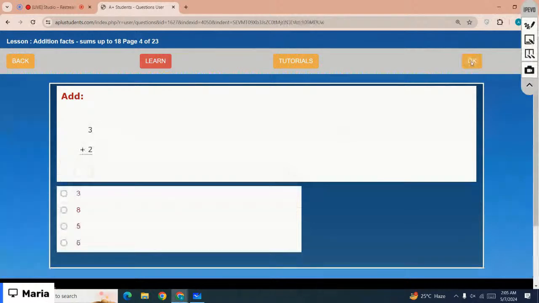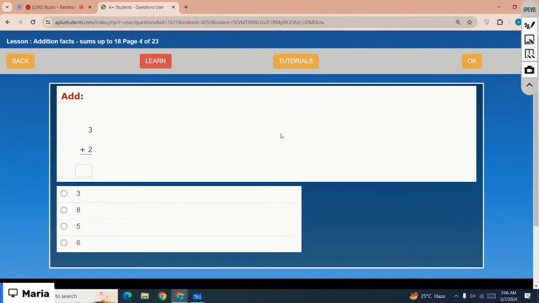The next one is 3 plus 2, which is the correct option. Yes, very good.